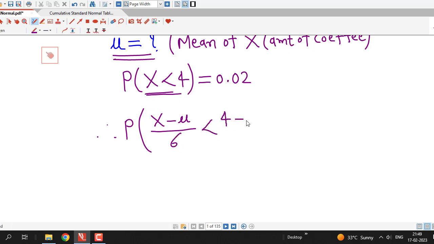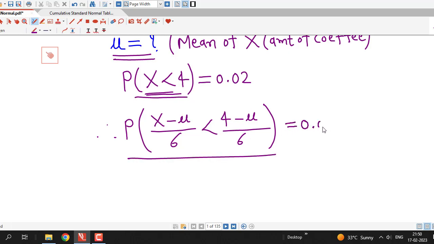We are standardizing this capital X and this 4, and we know that these two are equal, so this is equal to 0.02.